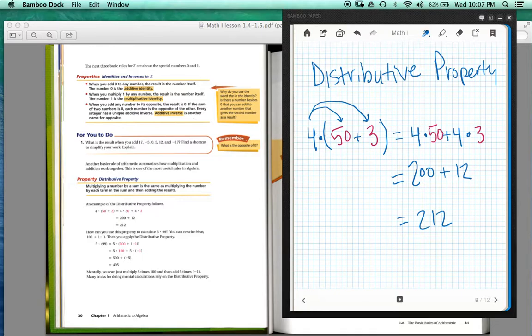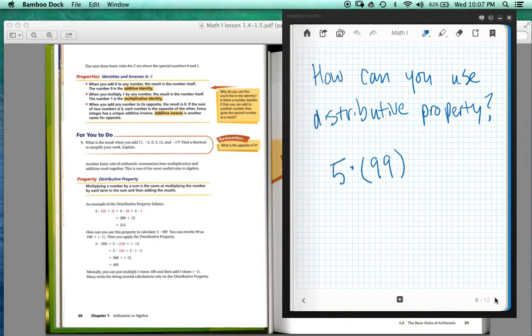So you're doing 4 times 50, and then you're doing 4 times 3. So 4 times 50 is 200, and 4 times 3 is 12. So we add those two together and we get 212. That's the distributive property.